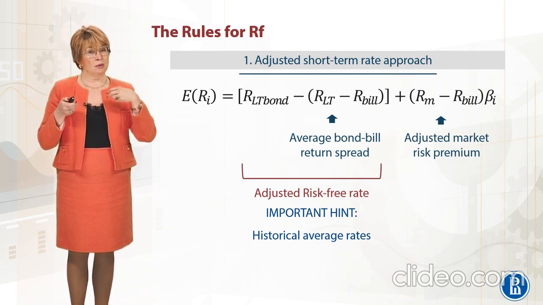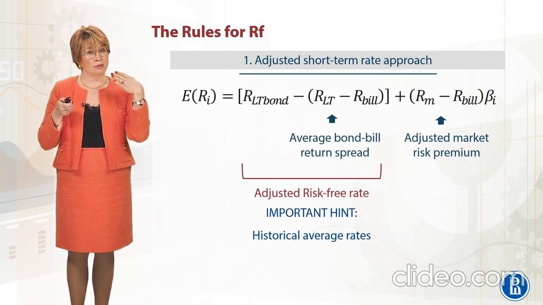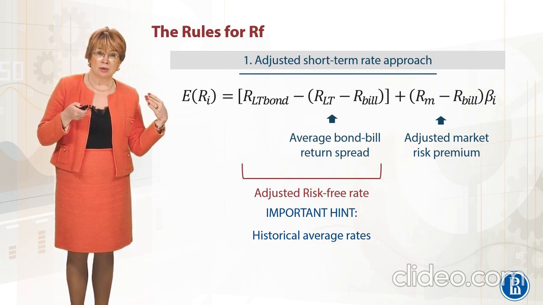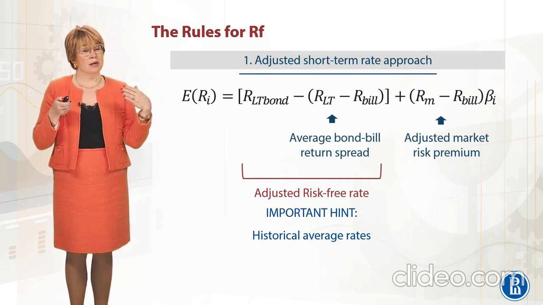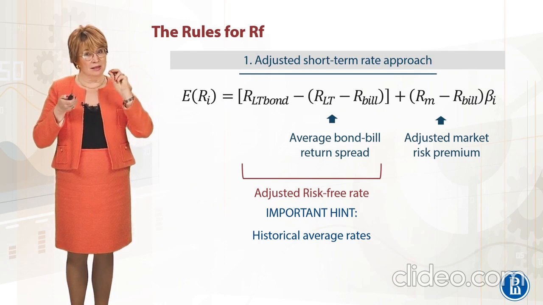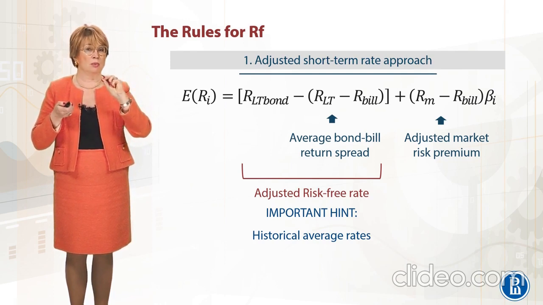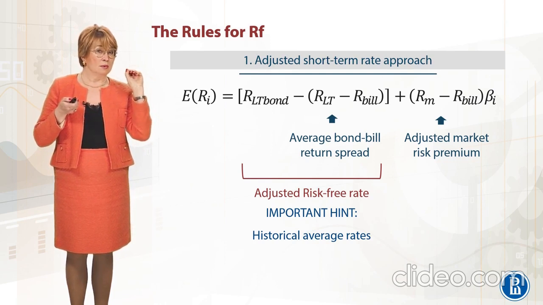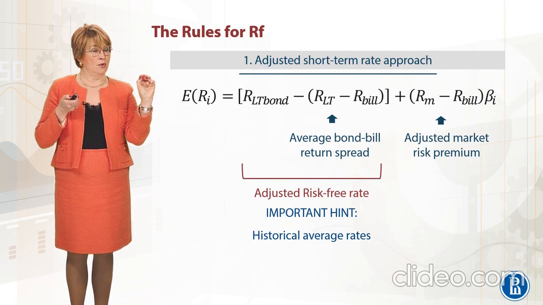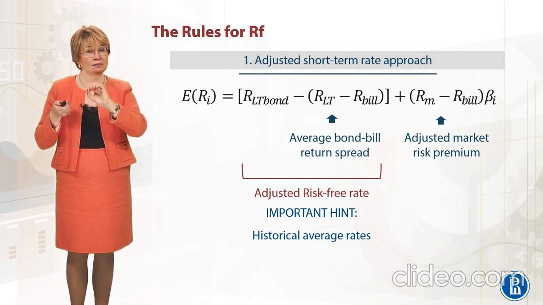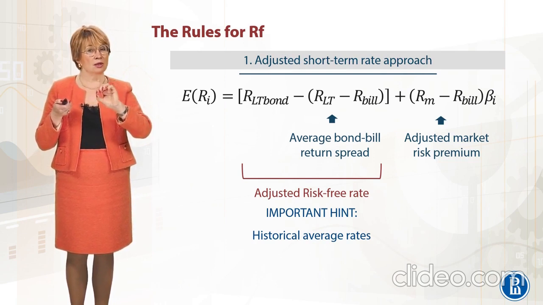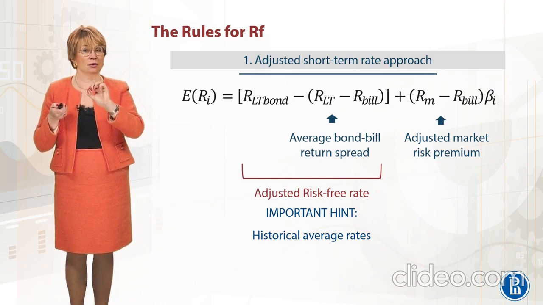And in that situation, because we are now discussing case number 1, which is based on a short-term risk-free rate approach, we need to be aware that we are picking up the data for the market risk premium based on the comparison of the well-diversified portfolio or market rate of return for risky assets minus the risk-free rate, which is based on the treasury bill return.